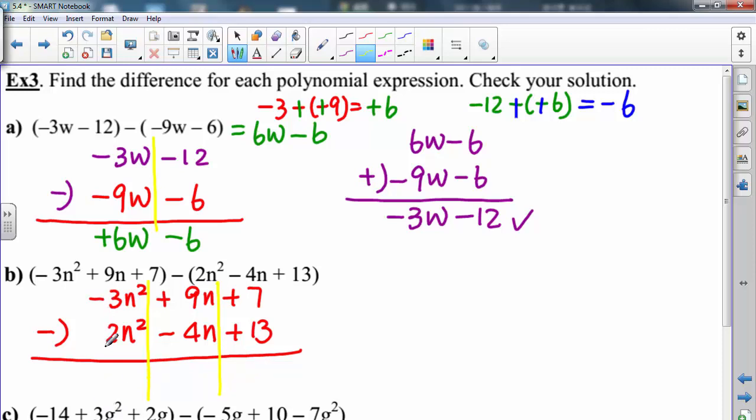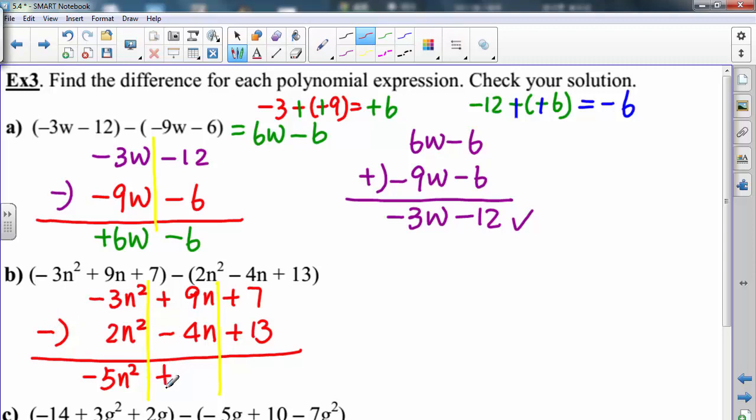Negative 3 minus 2, it's negative 5n squared. If you still have trouble subtracting two integers, you can put all the work aside here and change the subtraction to plus and opposite to the second number to look at if you can get a negative 5n squared. Positive 9, take away negative 4. Change this one to plus, opposite to the second number.